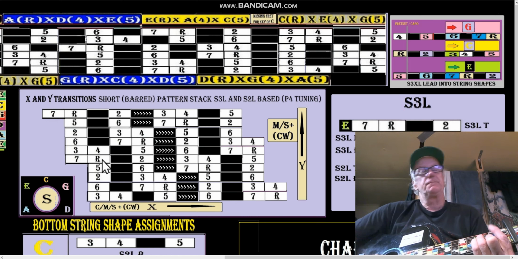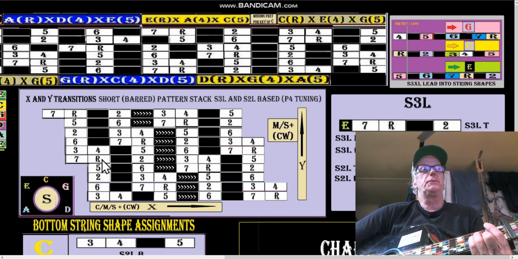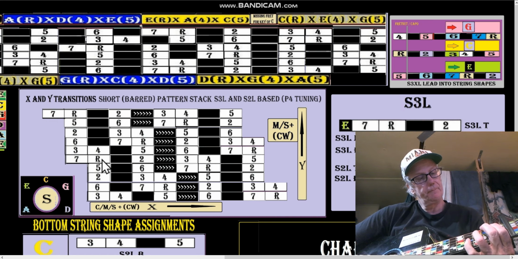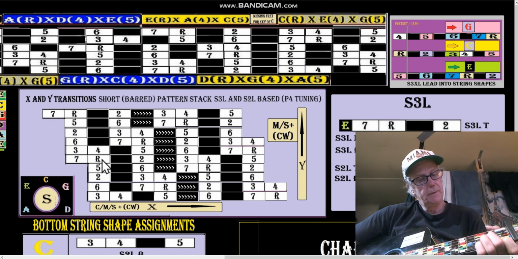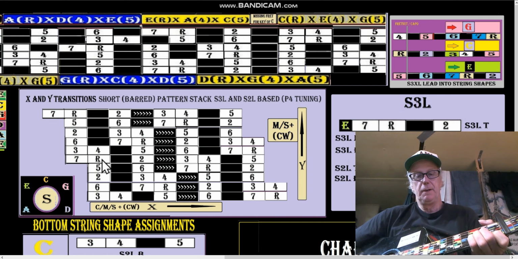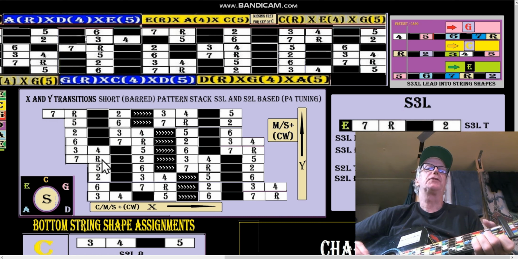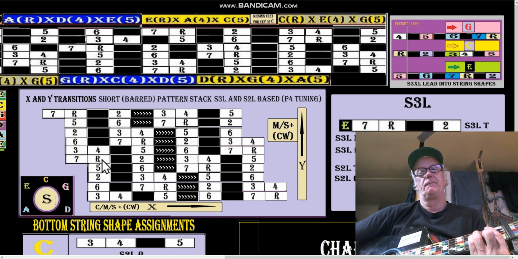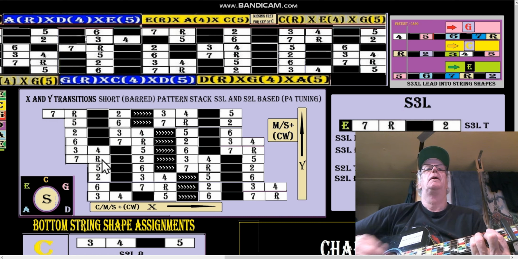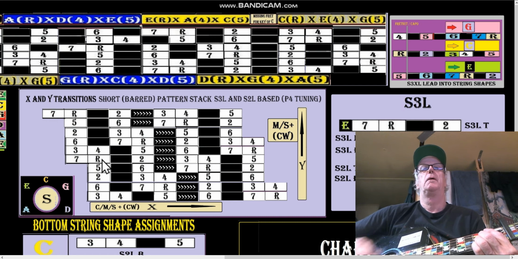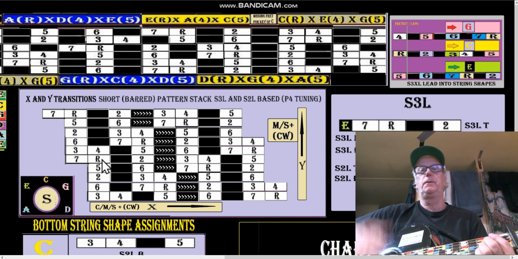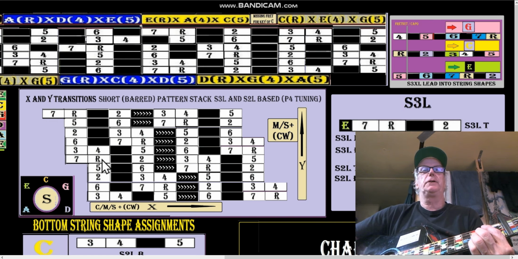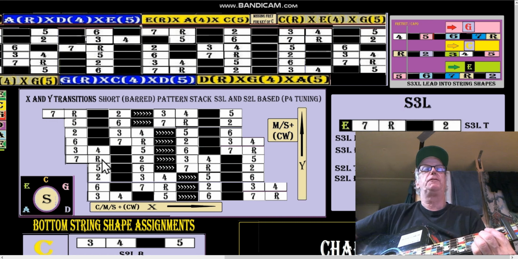We've got the 7 because that low E becomes the 7th of F. So right there, that D minor, that's the relative 6th of F. Here's a little pattern you can do: F, D minor to B flat.